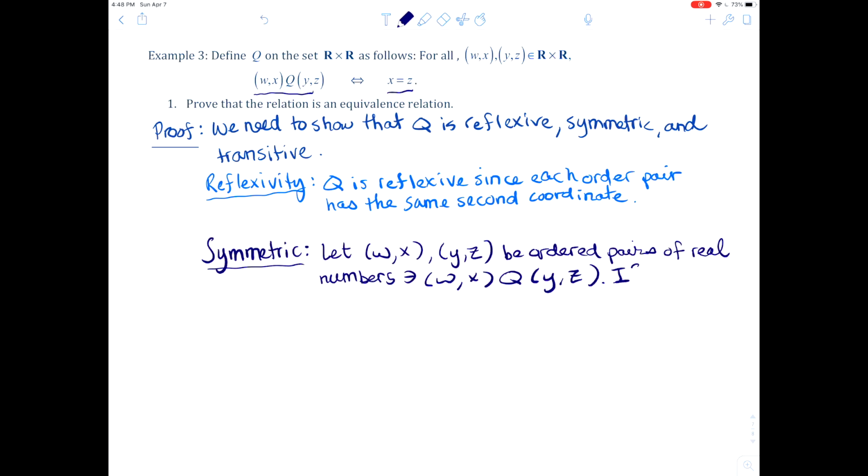So it will follow that x equals z, because that's how we defined the relation Q, right? And z equals x, right? Because they're real numbers.